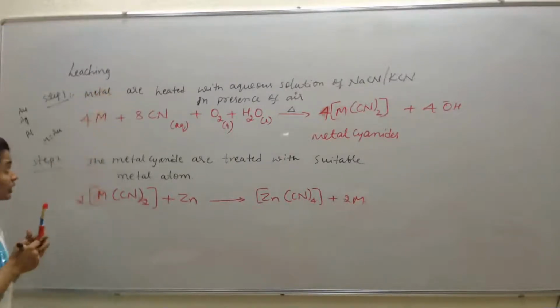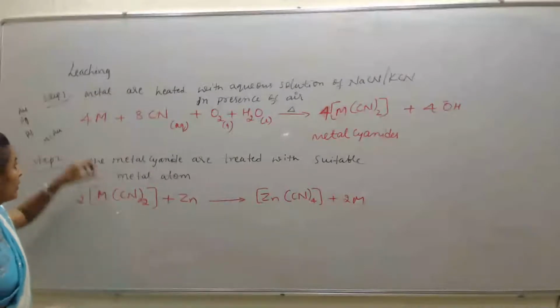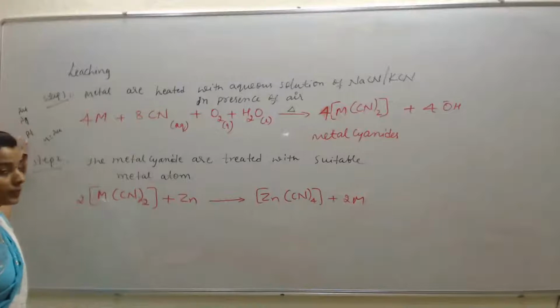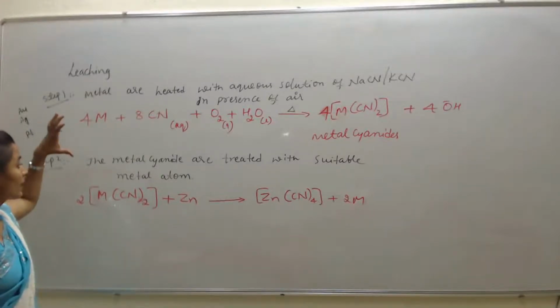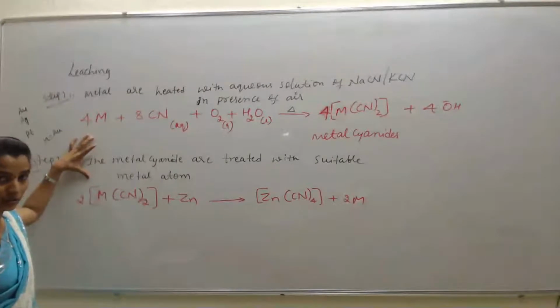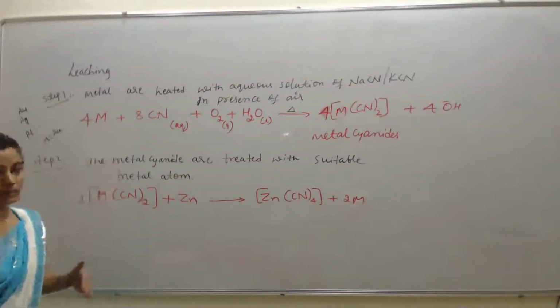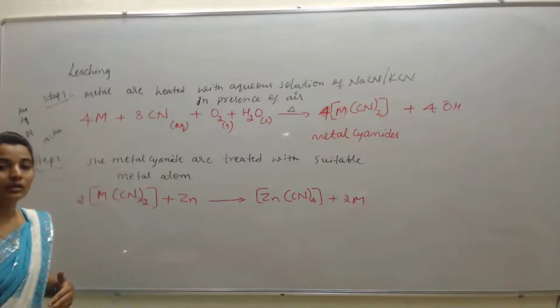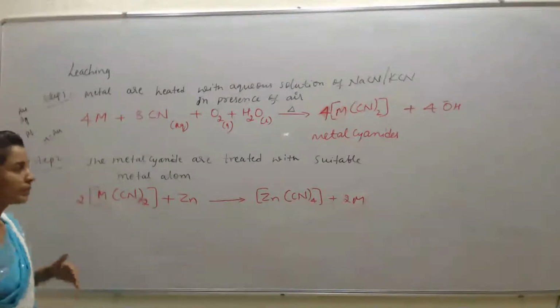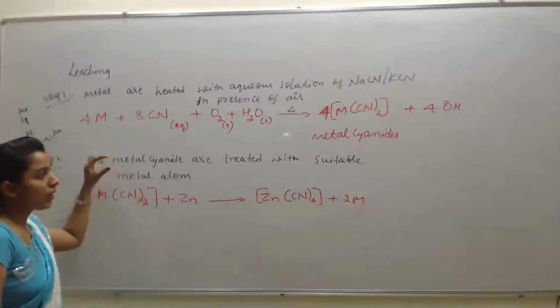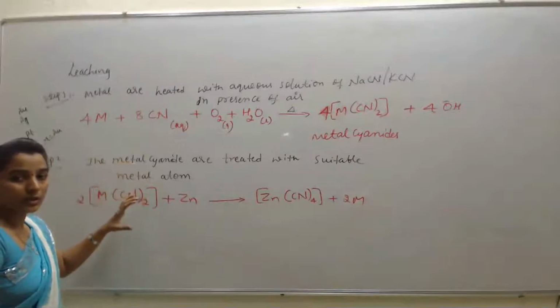So you replace M in step 1 and step 2 by Au, Ag and Pt: silver, gold and platinum. Write again the 3 equations and send a screenshot in the group. This is the homework for you students. It is compulsory. By evening, I want all to answer these questions.